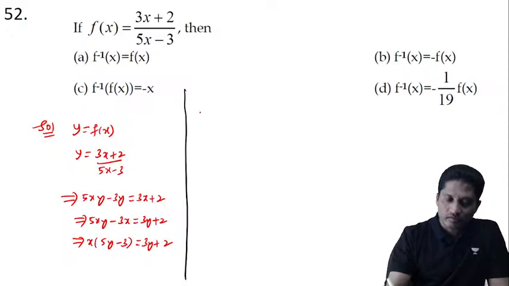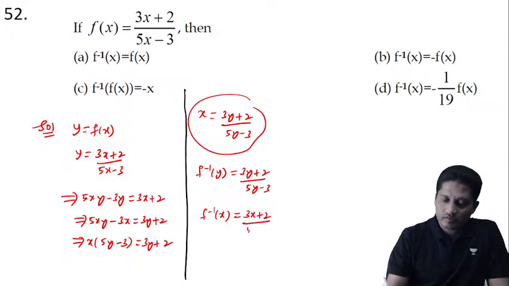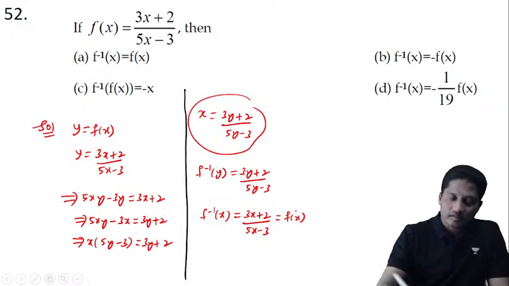And x is equal to 3y plus 2 divided by 5y minus 3. This is x. F inverse of y is equal to 3y plus 2 divided by 5y minus 3. Now f inverse of x is equal to 3x plus 2 upon 5x minus 3, which is the same as f of x. So f is the same as f inverse. The answer is option A.